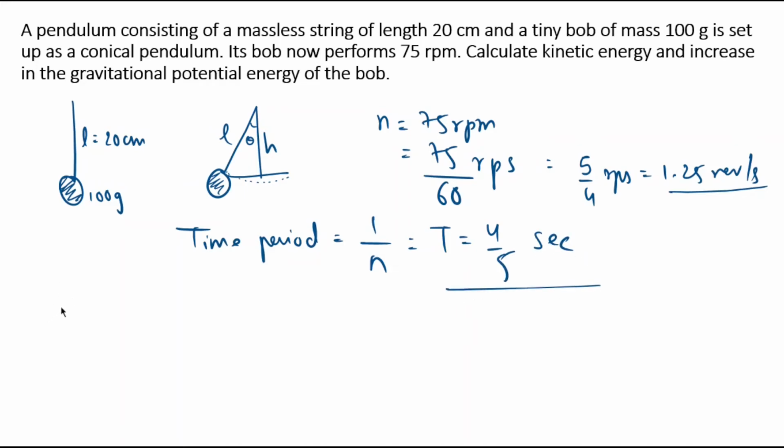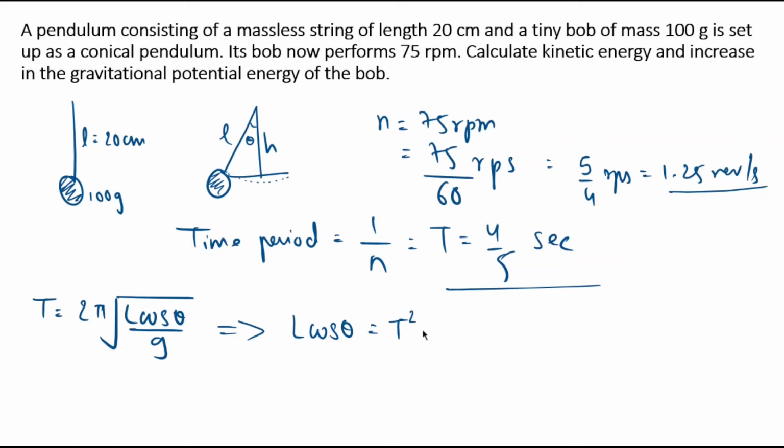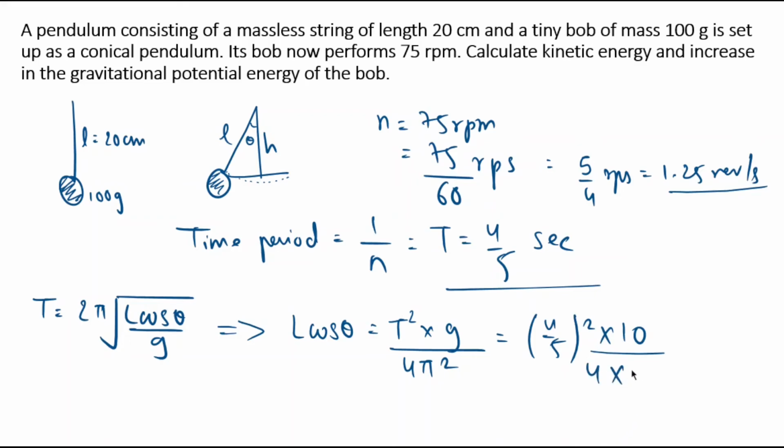Now one formula that we know for time period is T equal to 2 pi root under L cos theta upon g. From this we can say that L cos theta will be T square into g upon 4 pi square. Now putting all these values, L cos theta will be 4 by 5 square into g, taken as 10, upon 4 into pi square.